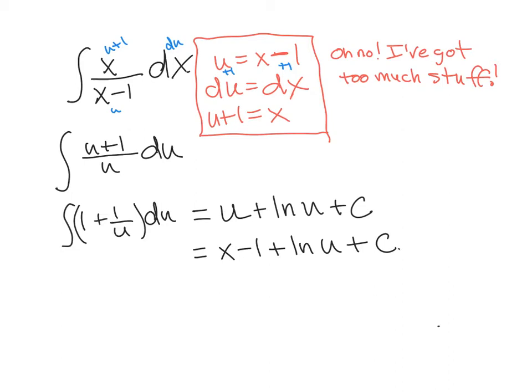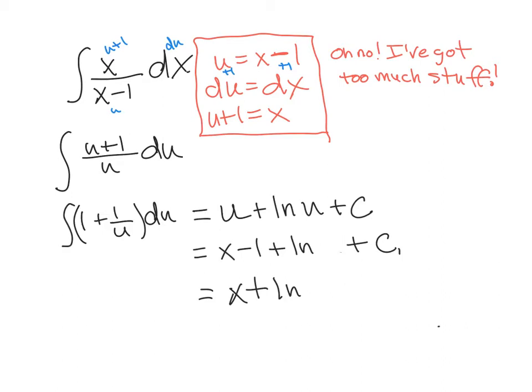Now I'm going to make this a c1 because sometimes we'll do these problems in different ways and get different answers, but really because this c is some unknown constant, I can take that minus 1, shove it in there, and get an equivalent way to write this answer. I'm sorry, I didn't replace that u. Hold the phone here. Let's not make the same mistakes as the teacher, okay?